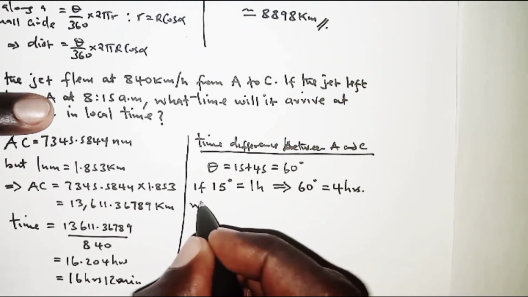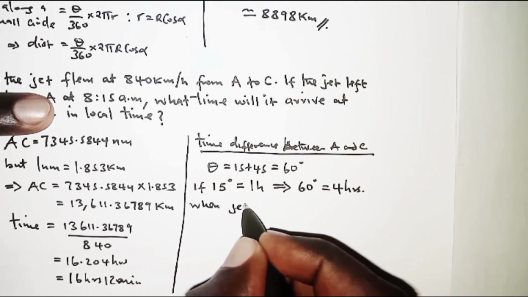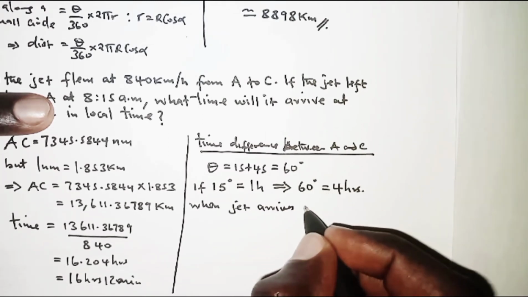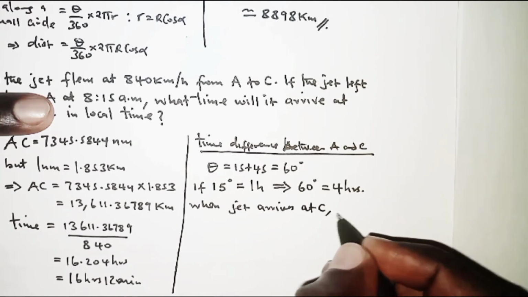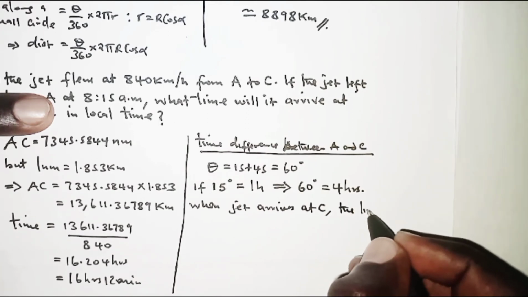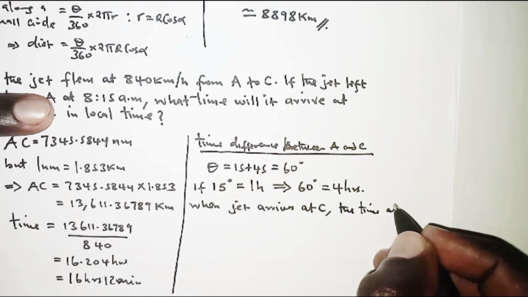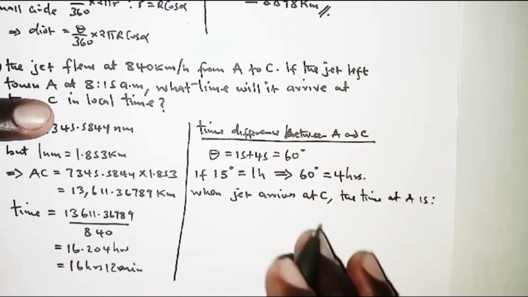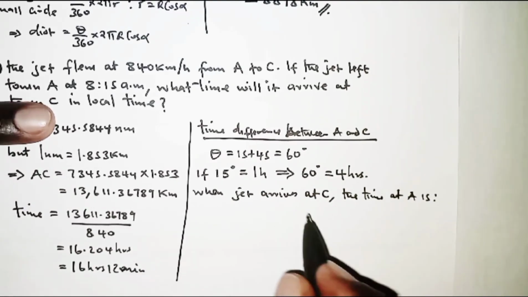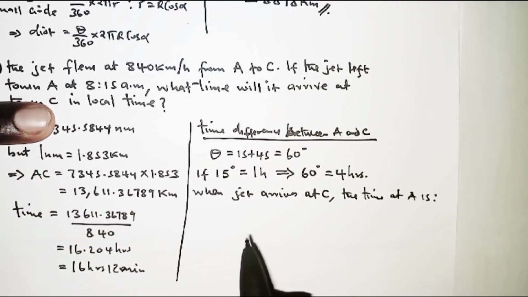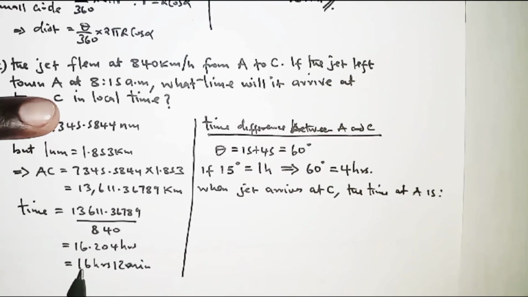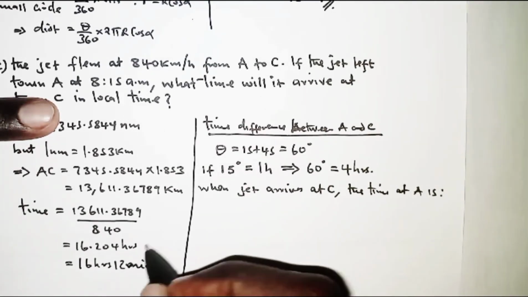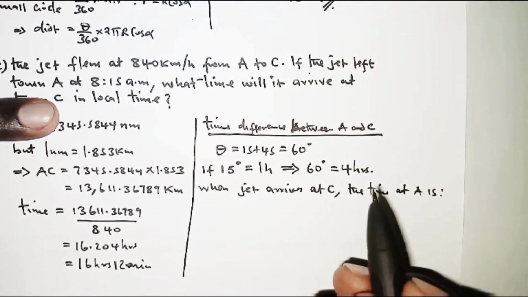But when the jet arrives at C, the time at A is as follows. So by the time the jet is arriving at C, remember the jet took 16 hours, 12 minutes. So as the jet moves, the time at A also keeps on changing.